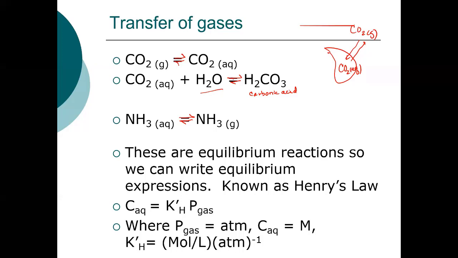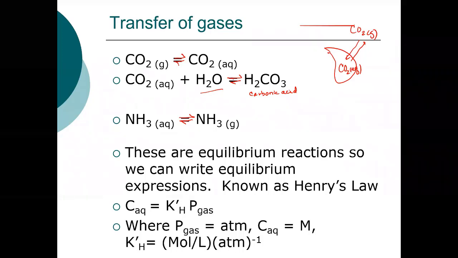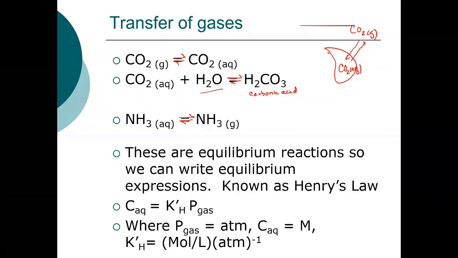That ammonia, aqueous ammonia, can be in equilibrium with the gas phase ammonia. So we can write these as equilibrium expressions, and we'll use Henry's law. Henry's law simply states that the concentration in the aqueous phase is linearly proportional to the concentration in the gas phase.